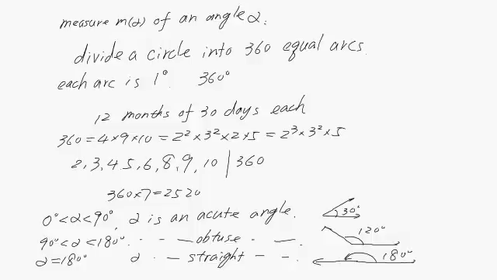Now let's go to the next page. And we have another special case. So if an angle is equal to 90 degrees, then we say alpha is a right angle. And then we draw the right angle in such a way.